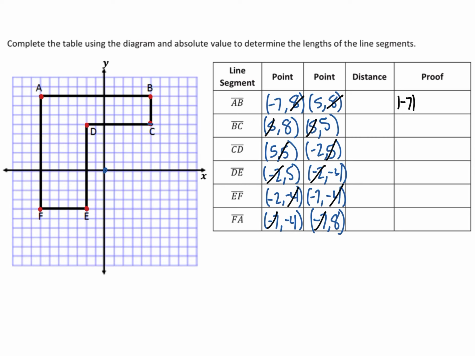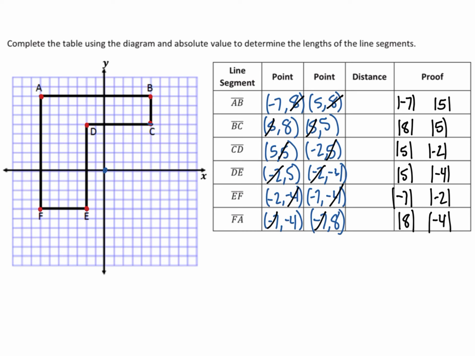That way if we are subtracting, I'm still going to end up with a positive number. I've got 5 and negative 2, 5 and negative 4, negative 7 and negative 2, 8 and negative 4.